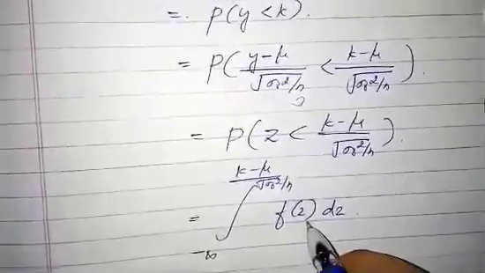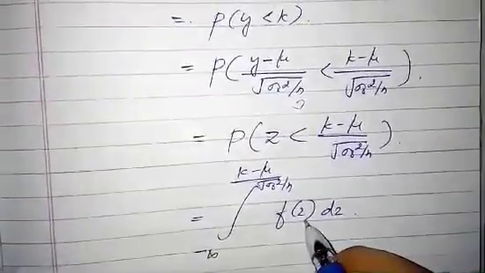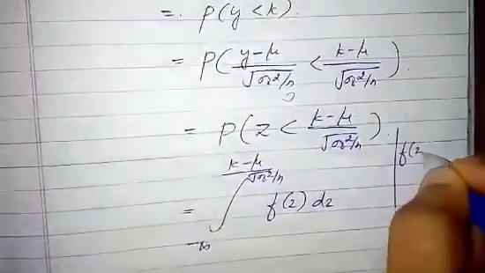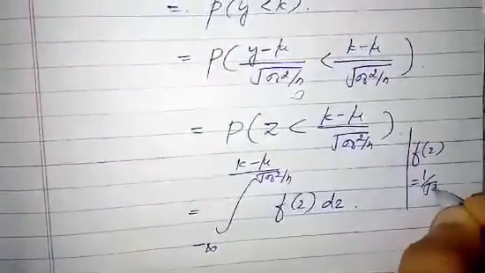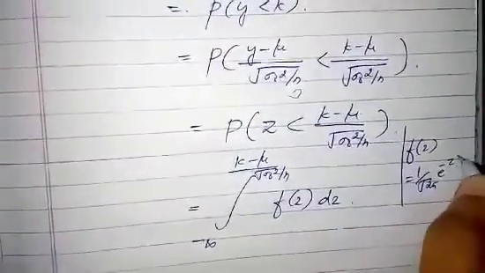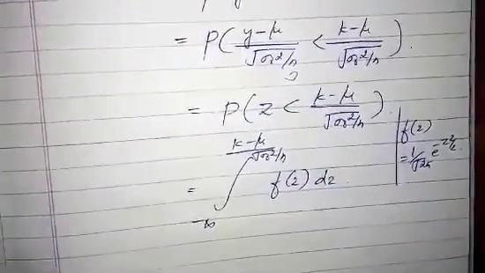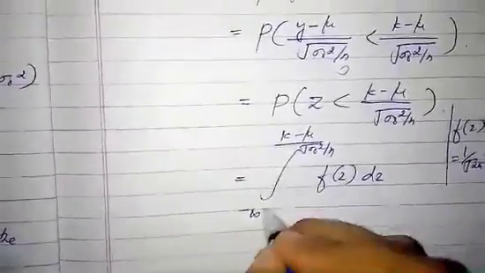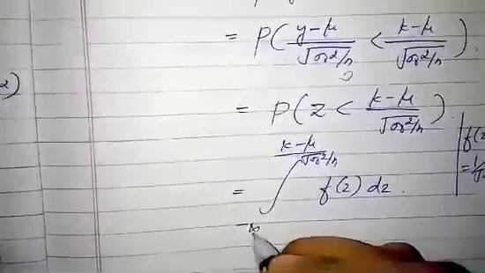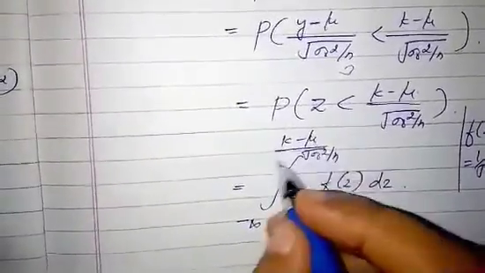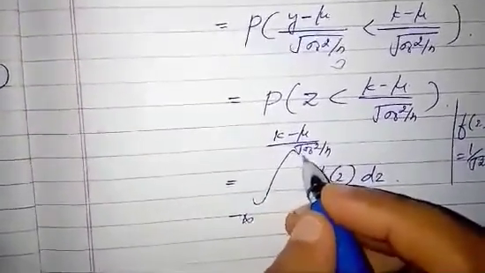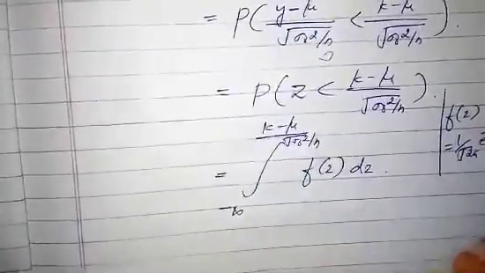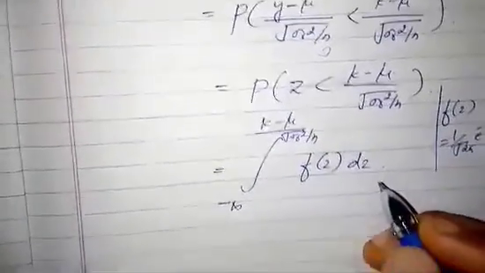What is f of z? F of z equals 1 by square root of 2 pi e power minus z square divided by 2. So beta of mu is the integral from minus infinity to k minus mu divided by the standard deviation, square root of sigma naught square divided by n, of f of z dz.